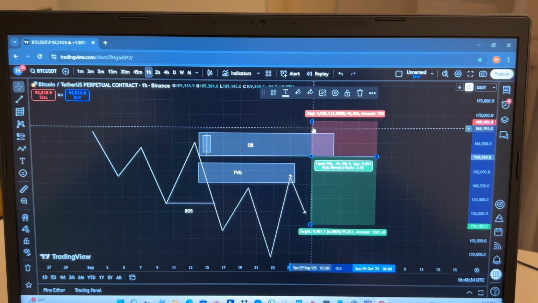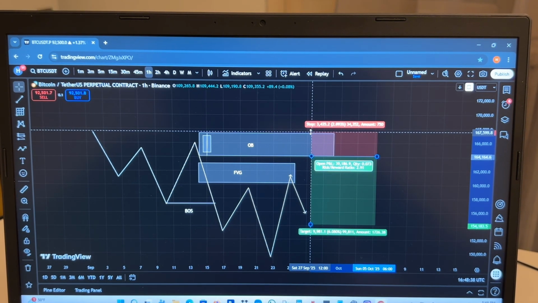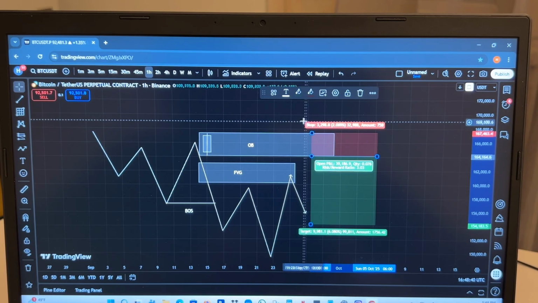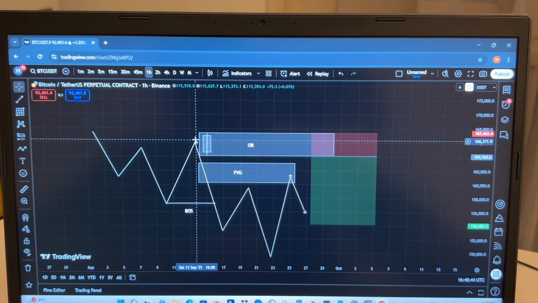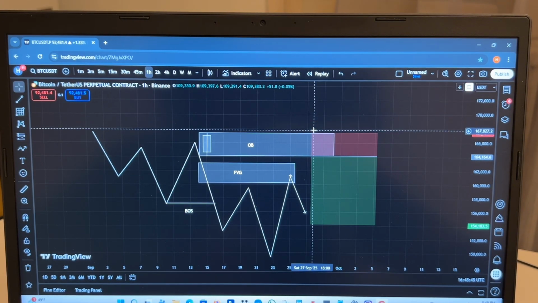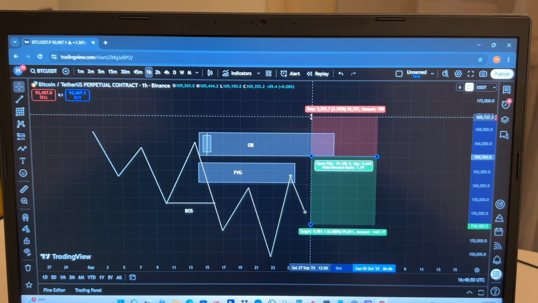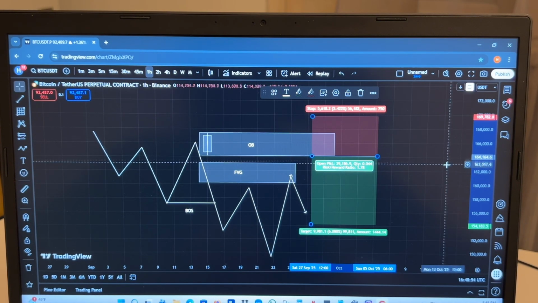Just like I said before, do not keep your stop losses extremely tight, because sometimes the market likes to hunt these highs, since this is in a downtrend. So always bring that stop loss a bit higher than that. Just give it some space. Let the market play out.